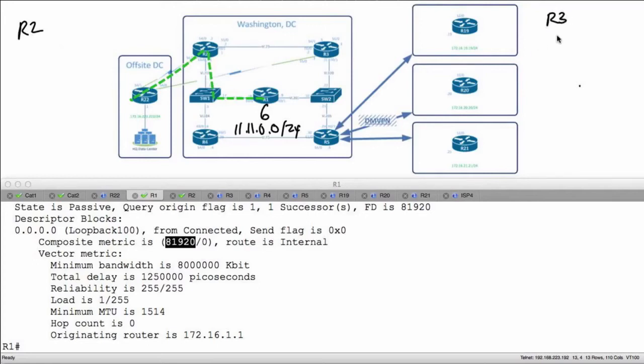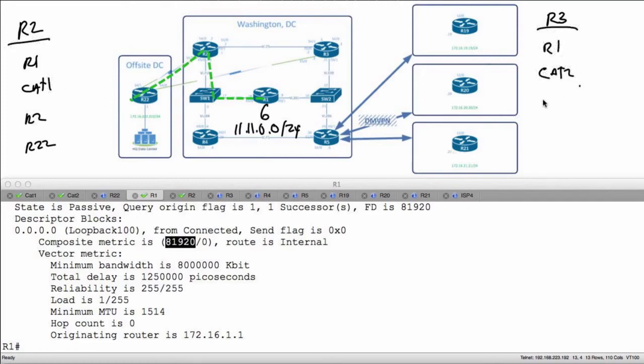Now, the devices that we want to work with here are going to be R1, Cat1, and R2, and lastly, R22. Here it's going to be through R3. So it's going to be from R1 to Cat2.